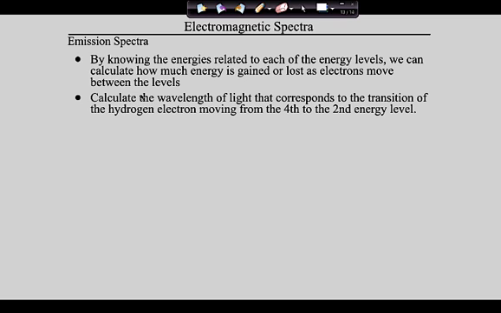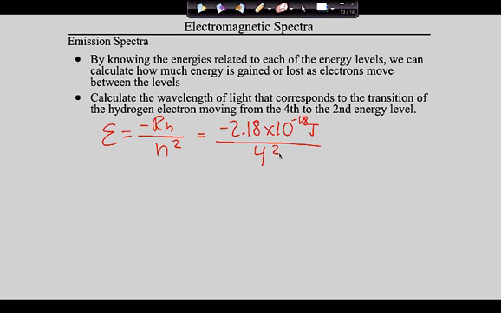So guys, in order to figure this out, what's the first thing we need to know? The energy of those energy levels. So E is equal to negative R sub H divided by n squared. Now, the Rydberg constant is 2.18 times 10 to the negative 18th joules. For energy level 4, this will be 4 squared.